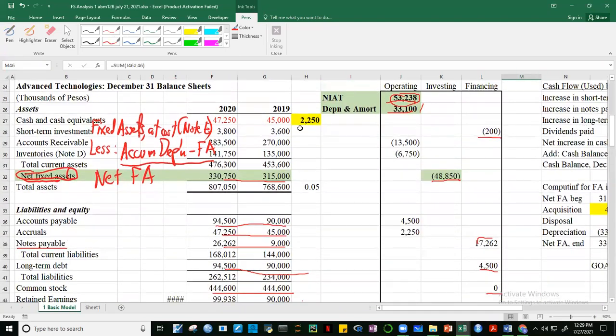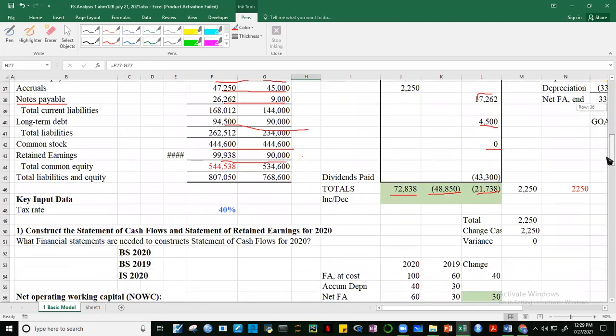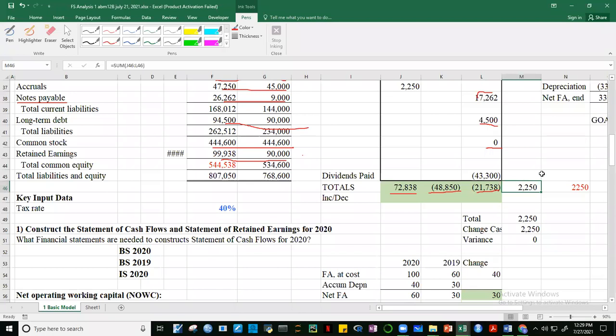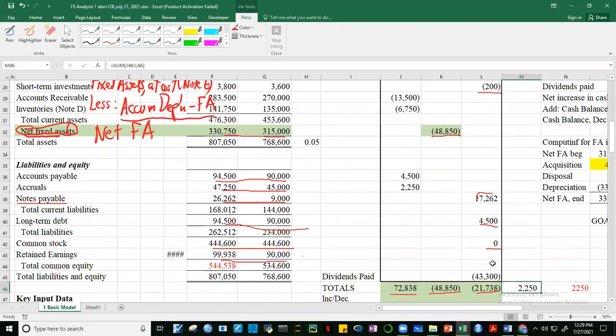So dapat pareho siya dito sa 2,250. Okay? Pag magkaiba guys, then you have to determine kung ano yung variance, saan nagagaling yung variance. Pag mas malaki to, ibig sabihin overstated yung cash flows natin. Pag mas maliit, ibig sabihin understated. So you have to find out and try to see.